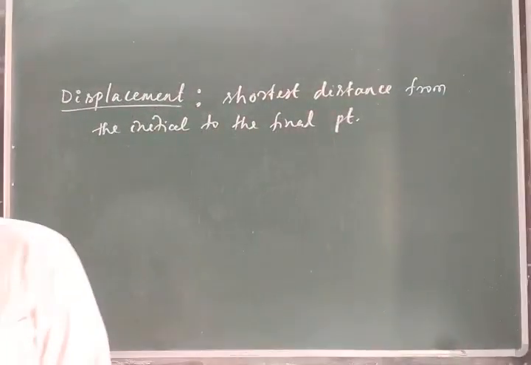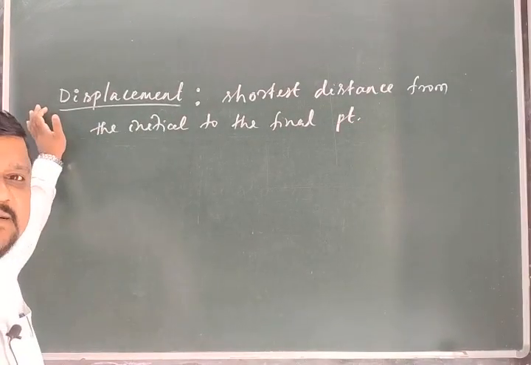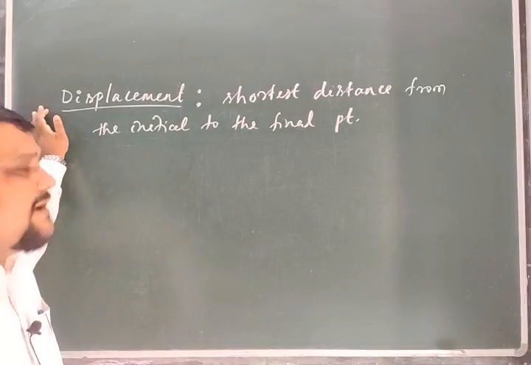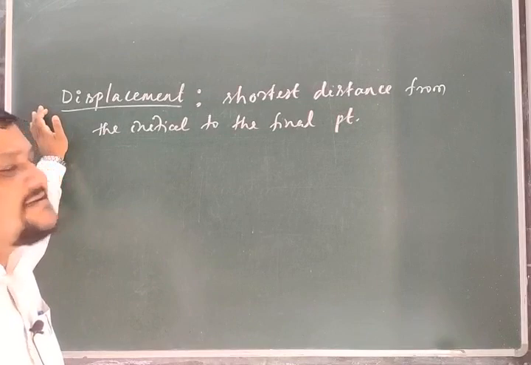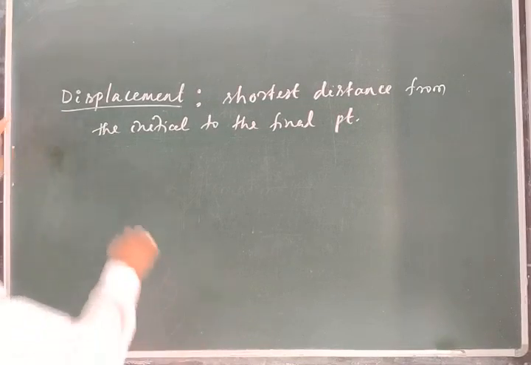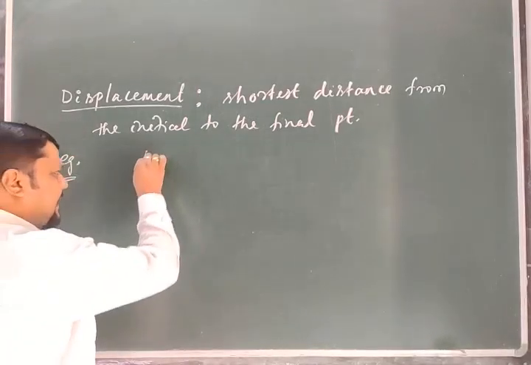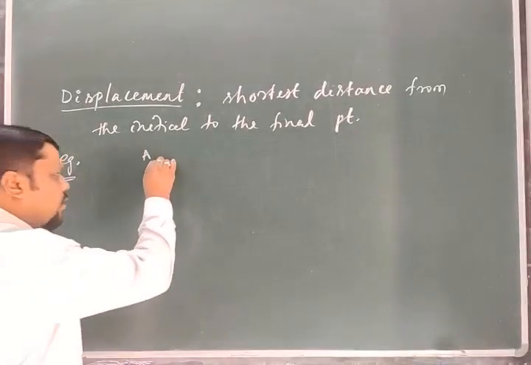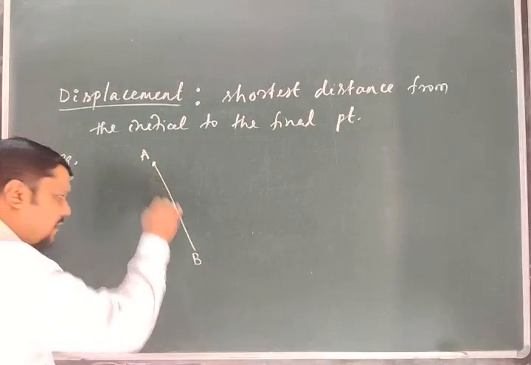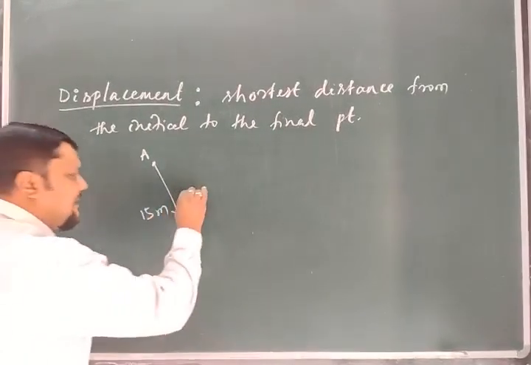And the shortest distance means what? In the case of distance, we said it is the actual path traveled by the body. But here it is called the shortest distance. So what is the shortest distance? Let us take an example. Let a particle start from the point A and go to the point B, covering a distance of, say, 15 meter in 3 minutes.